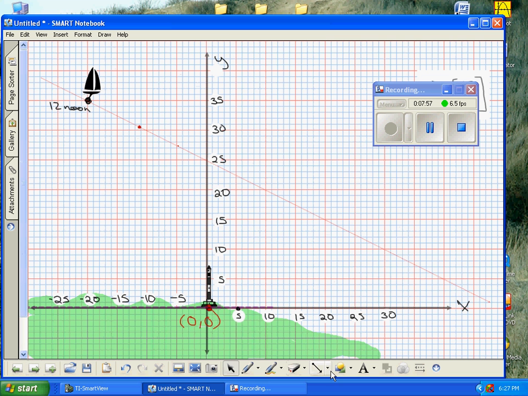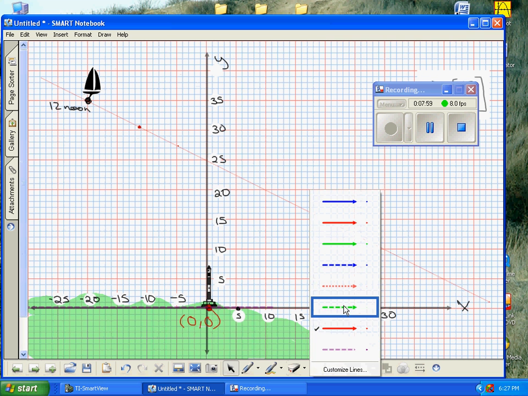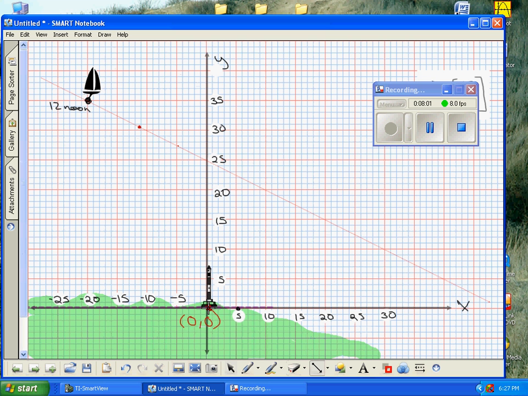So this vector right here, the position of the boat from me, is negative 20, 35 north: 5, 10, 15, 20, 25, 30, 35. Okay, I changed the lines to blue so you could see them better.